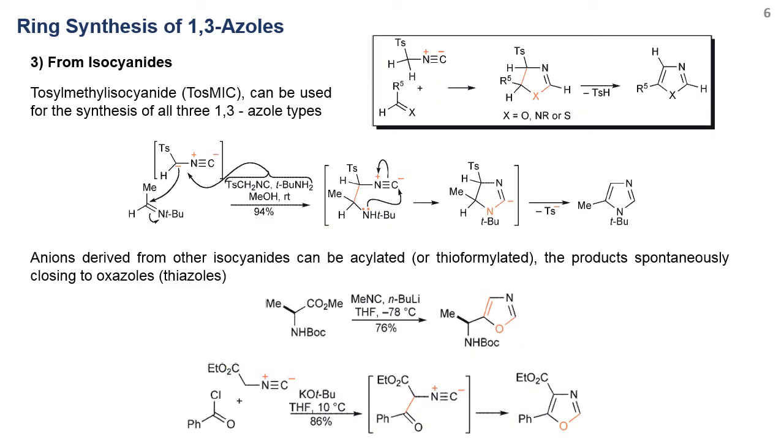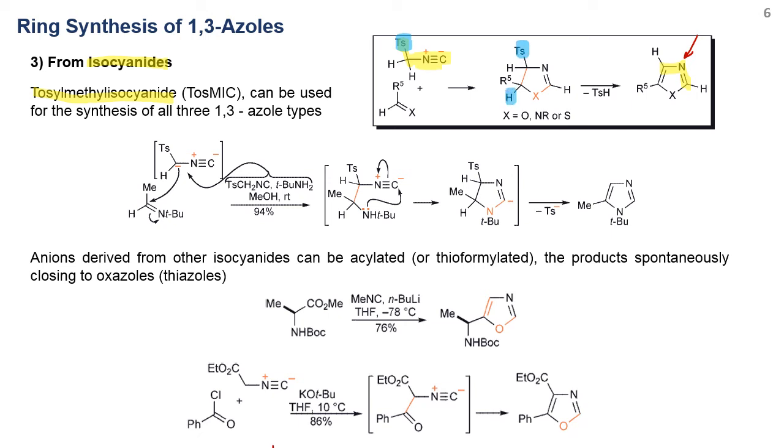The last example for the synthesis of 1,3-azoles that I want to show is from isocyanides, for example, the tosylmethyl isocyanide here. After the reaction, you are going to provide the 3 atom unit containing one of the nitrogens in the ring. And the tosyl group is important as a leaving group in this step.